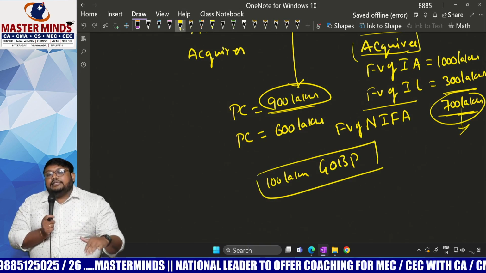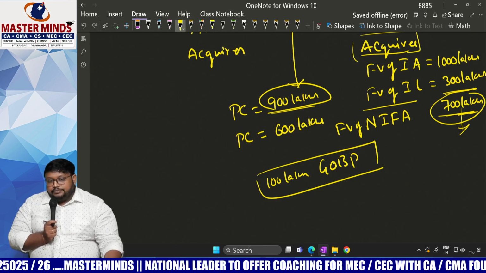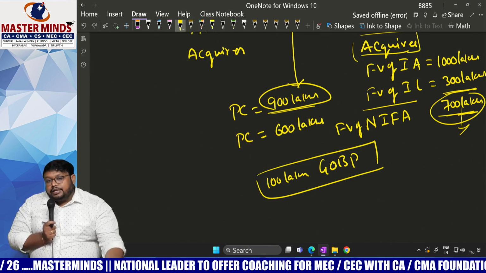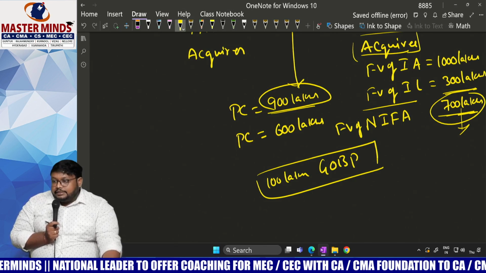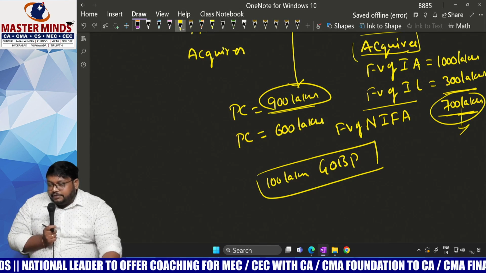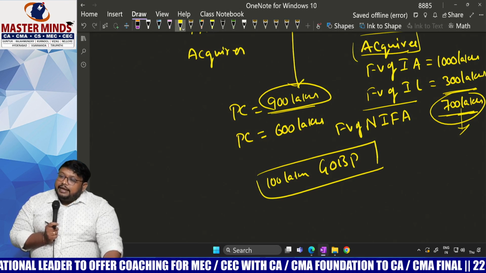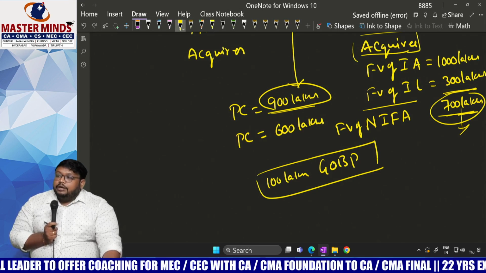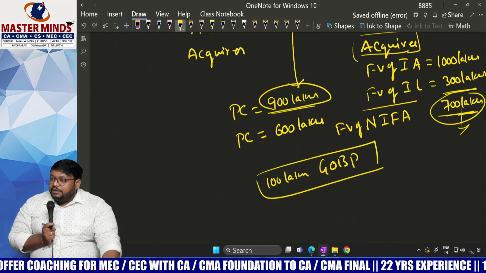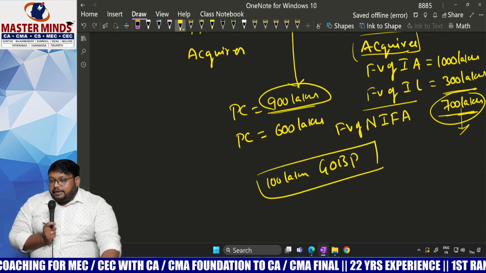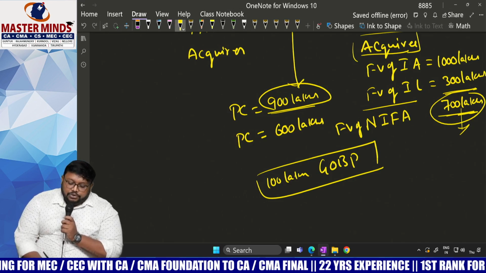If consideration is more than the net assets, goodwill will come. If consideration is less than the net assets, gain on bargain purchase will come. Ultimately, in the acquisition method, we have to compute either goodwill or gain on bargain purchase. So when will we get goodwill, Nana?